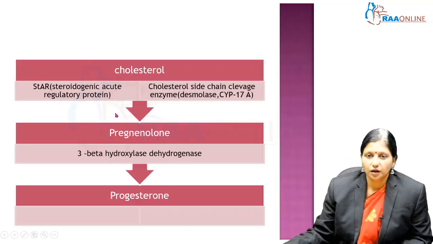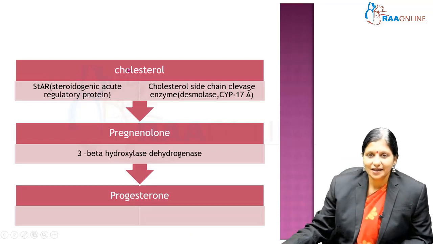Now how do the adrenals synthesize androgens? It is basically from cholesterol. In the presence of StAR, the steroidogenic acute regulatory protein, and the cholesterol side chain cleavage enzyme, desmolase or CYP11A, cholesterol gets converted to pregnenolone.